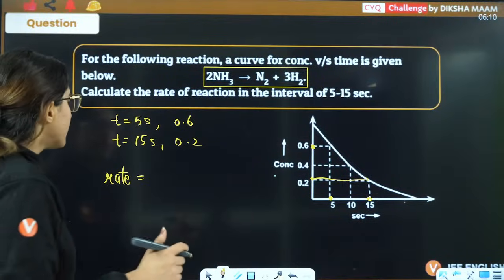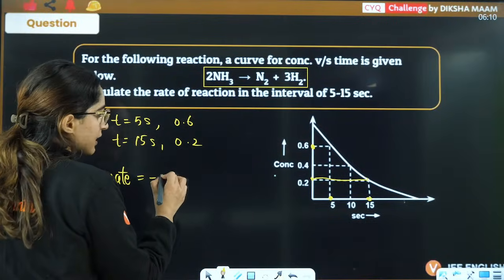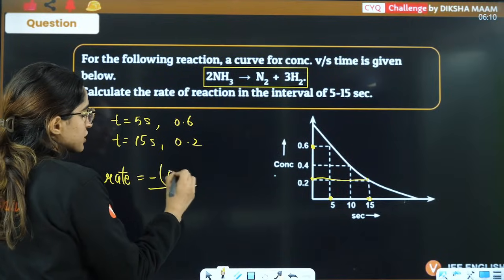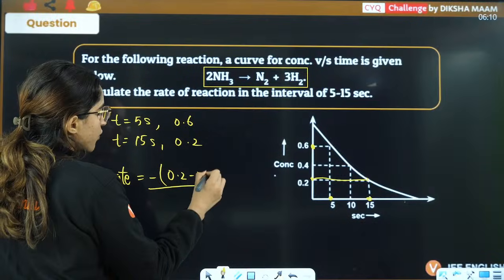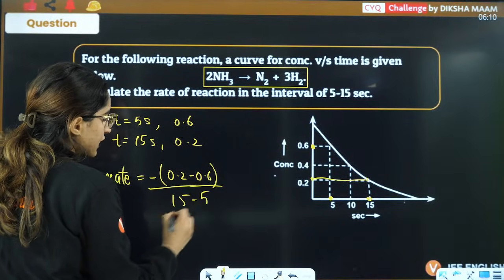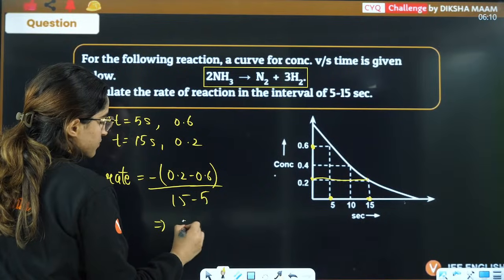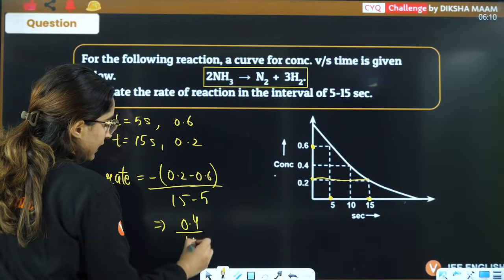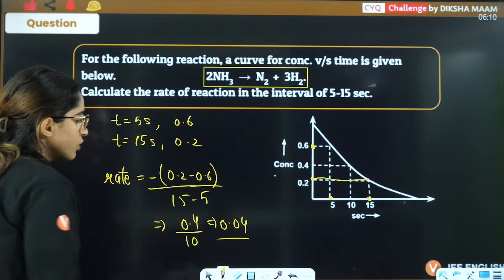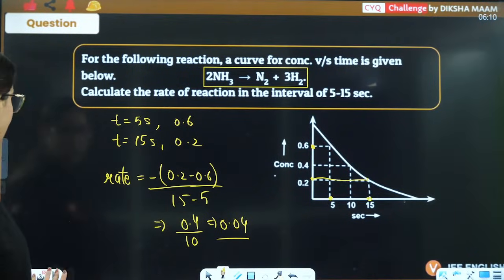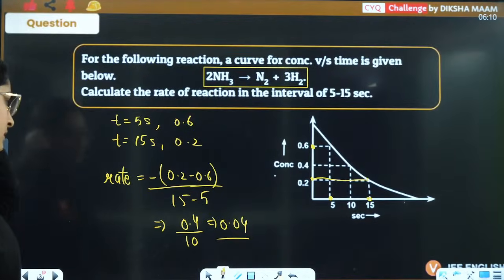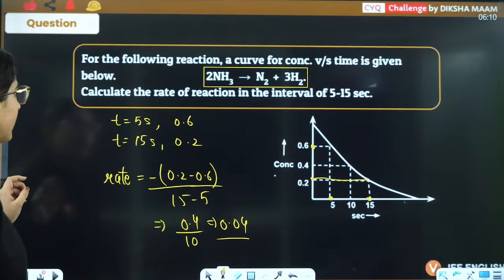So you will write minus of final concentration 0.2 minus 0.6, divided by 15 minus 5. That is 0.4 by 10, which will become 0.04.